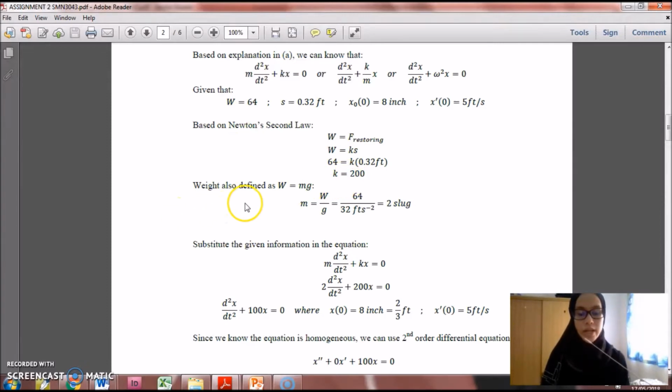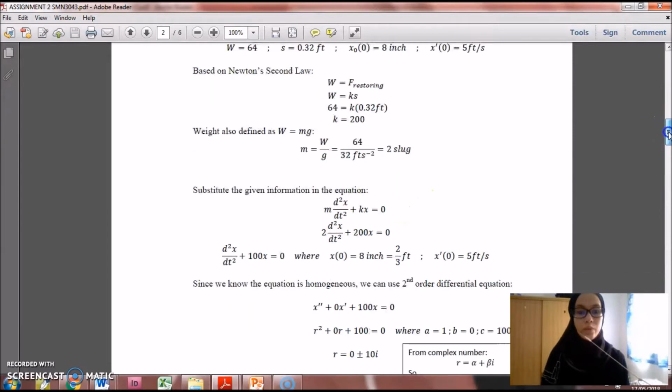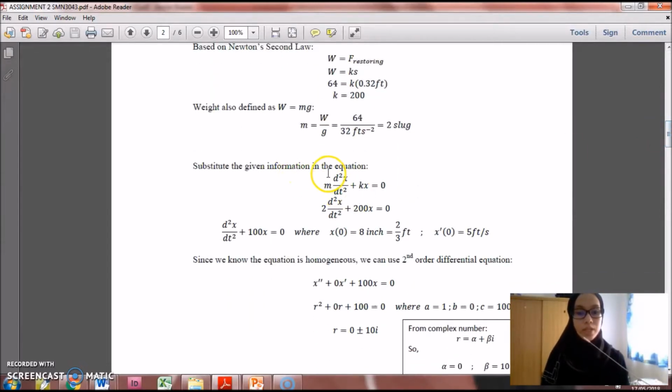We also define W as equal to mg, right? Then we know that m is equal to W over g. Then we substitute and we get 2. Then we substitute the given information in the equation, where the equation is equal to 0. So we substitute the spring constant that we got, which is 200.